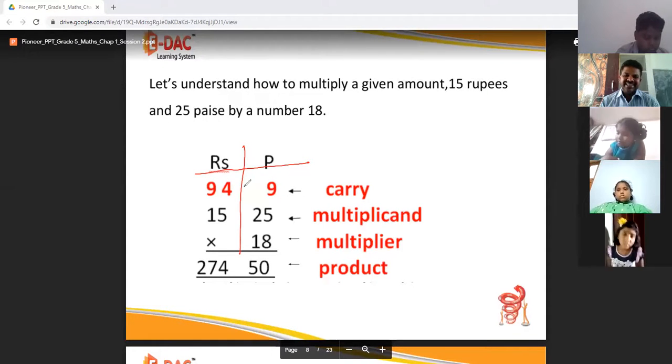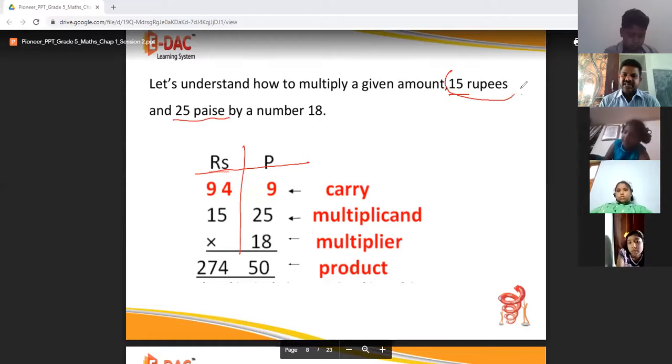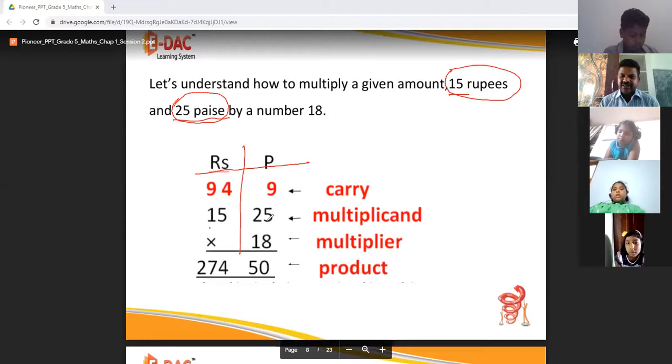So 15 rupees, 25 pies. Write 15 rupees in the rupees column and 25 in the pies column, right? Just write, that is the multiplicand.